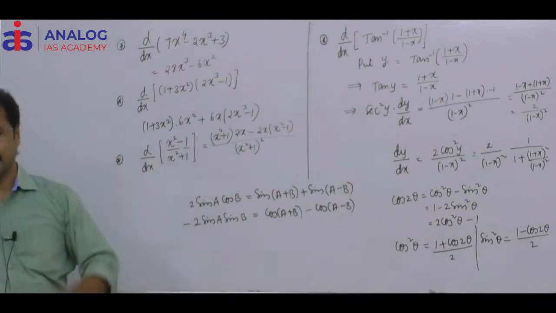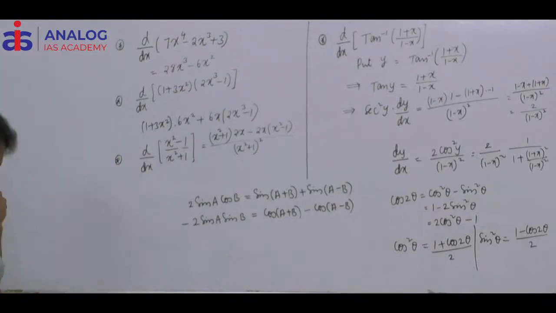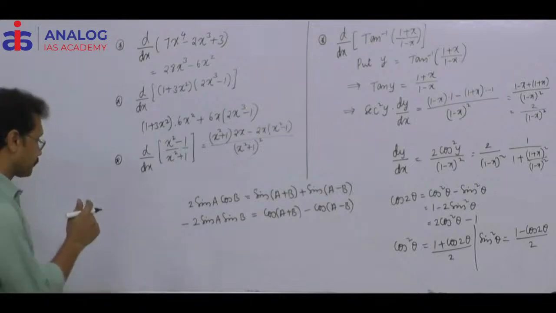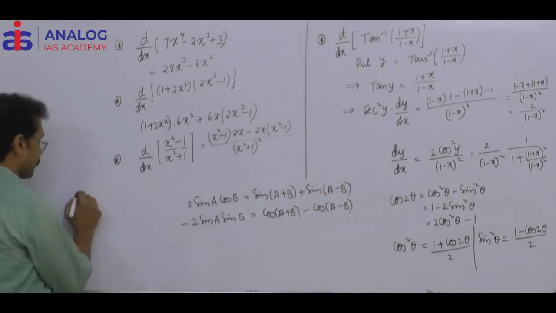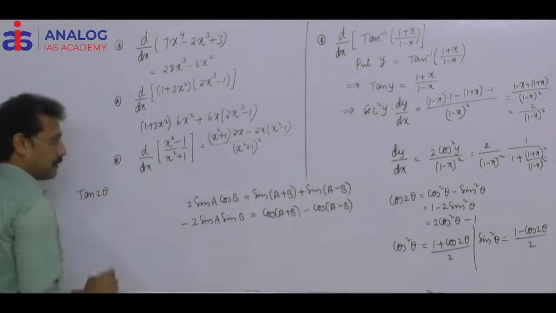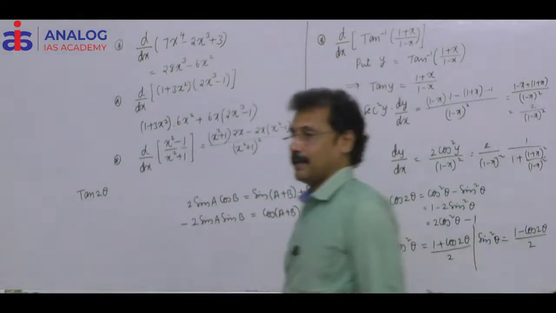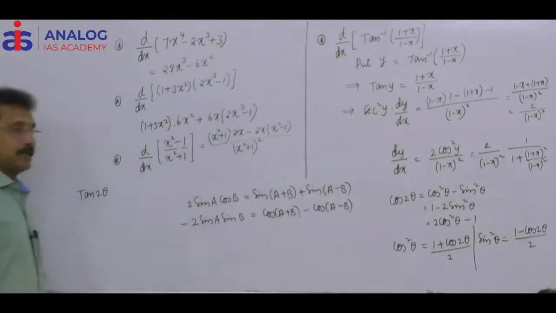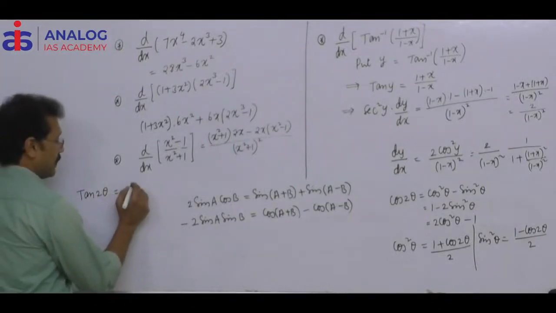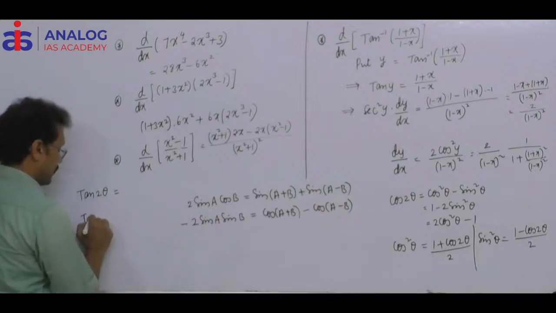Okay. Now can anyone tell me the relationship between... Sir, what is the tan 2 theta formula? Tan 2 theta? Before that, let's see tan (A plus B), so that it becomes easy for you. Okay?